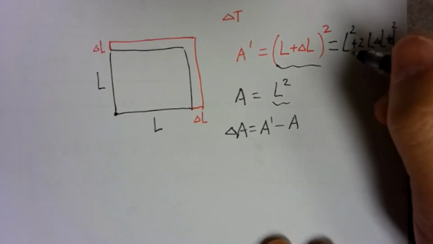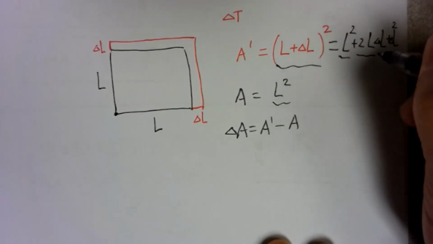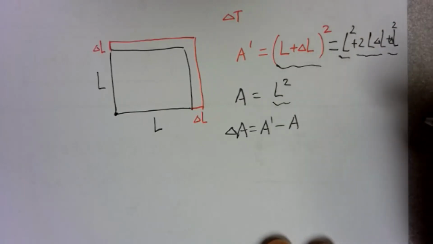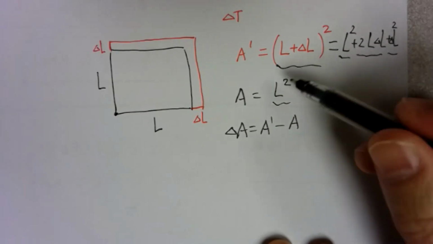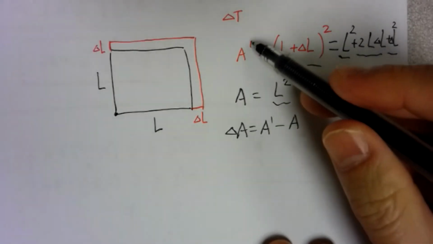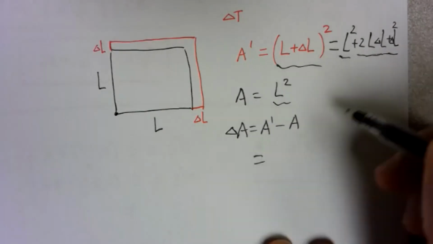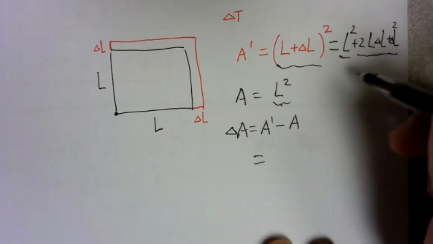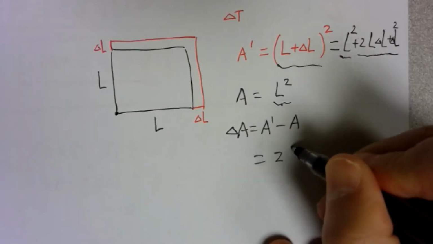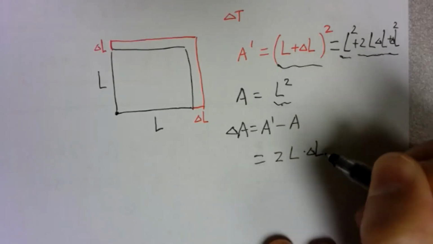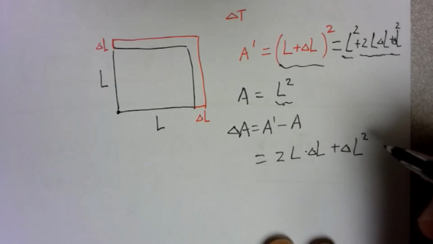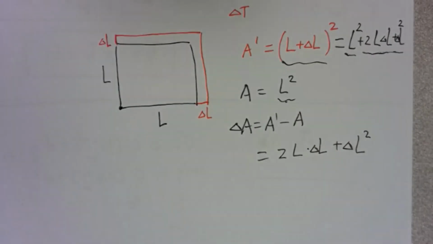So you get three terms: L squared plus 2 times L delta L plus delta L squared. Then A prime minus A, this minus that, the L squared terms cancel, resulting in just 2L times delta L plus delta L squared.